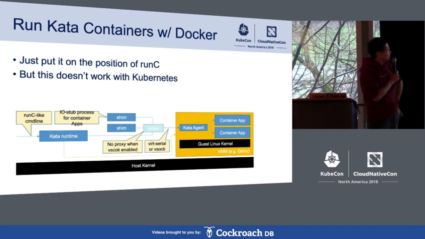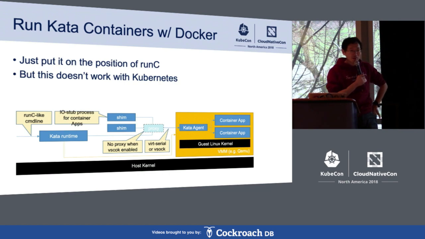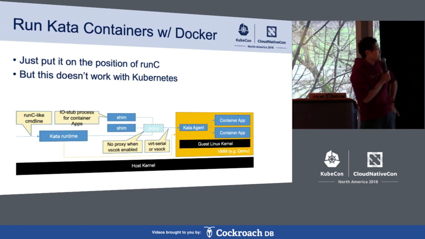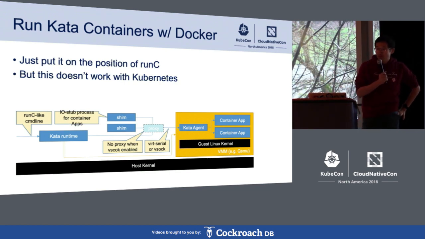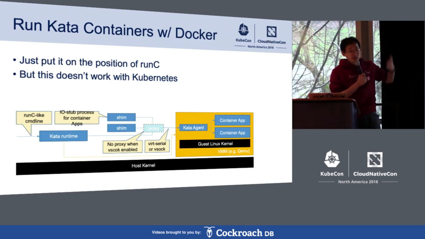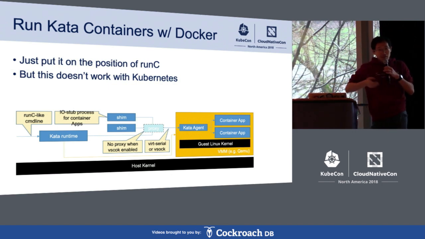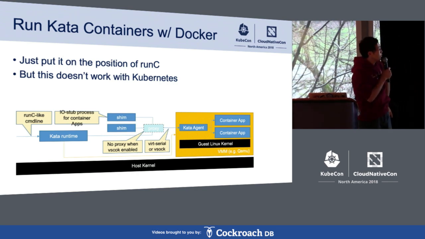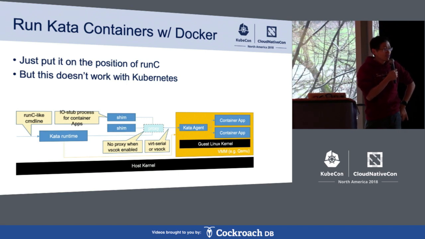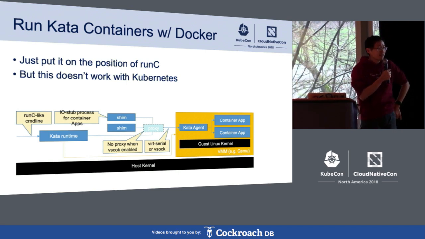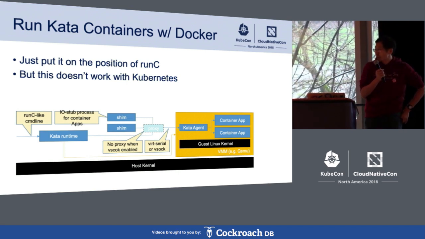But unfortunately, this doesn't work well for Kubernetes. Actually, there is a small trick about this one. We should let the runtime let Kata know this is the sandbox, and this is the container inside the sandbox, and there is some info for the runtime. But right now Docker doesn't support passing the annotations to the runtimes.